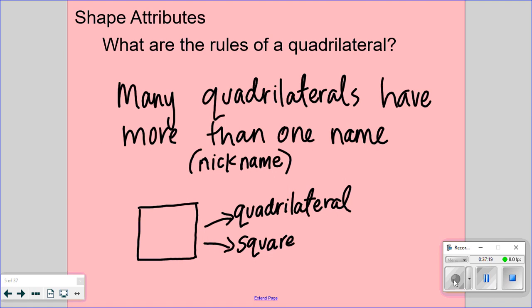Some of these shapes have a best name. If I say quadrilateral, think about all the quadrilaterals we looked at today. That could be so many. So this shape's best name is square. It's the most specific name.